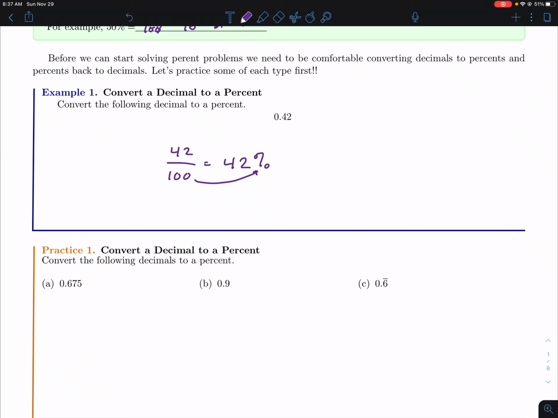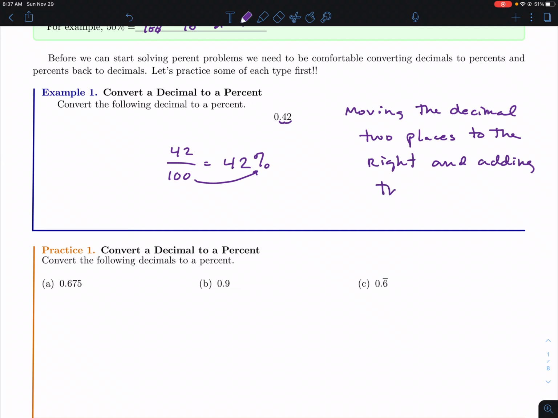Or another way that you can think of it is when we're going from a decimal to a percent, what we're actually doing is moving the decimal 2 places to the right and adding the percent sign.